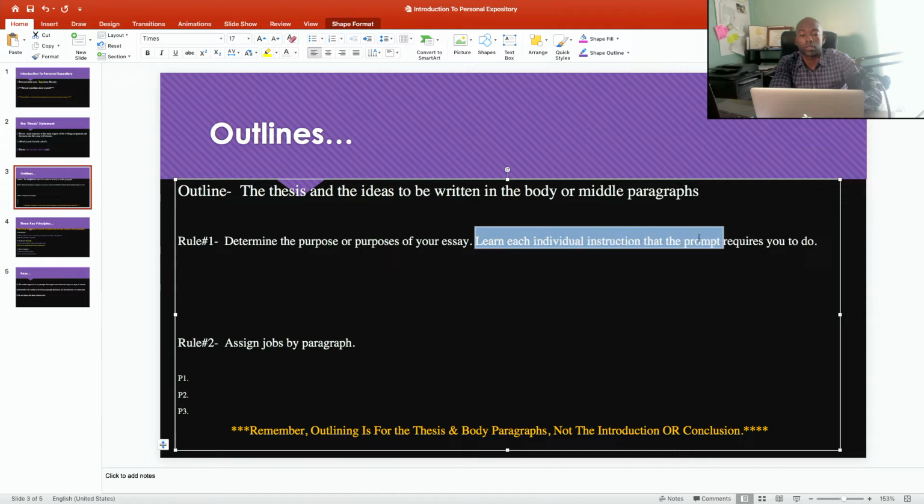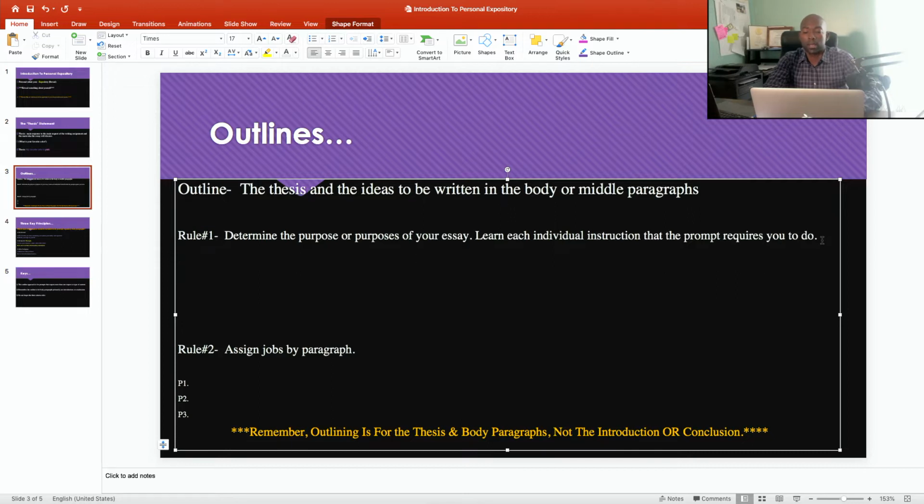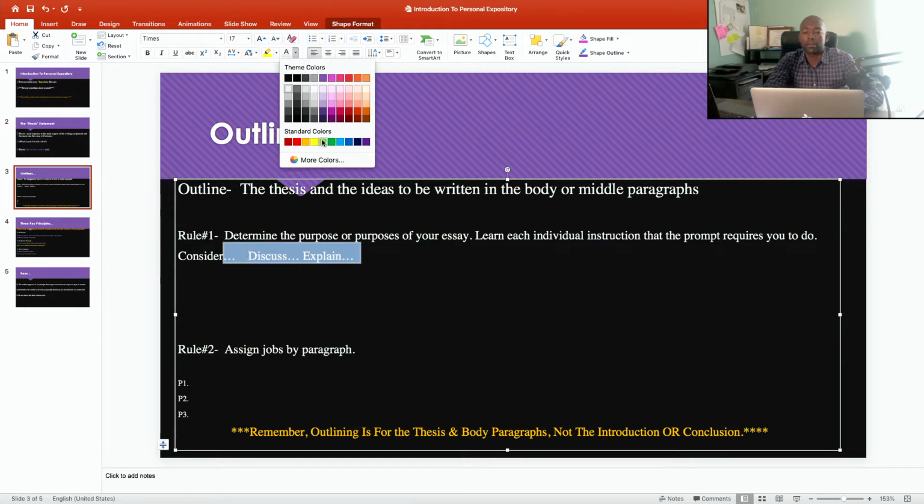Learn each individual instruction the prompt requires you to do. So the writing assignment might say, consider this. Well, that just means to think about something. But it might say, discuss this or explain this. Well, that means they want you to write something. So if you see those kinds of keywords, that means they want you to actually write something down.